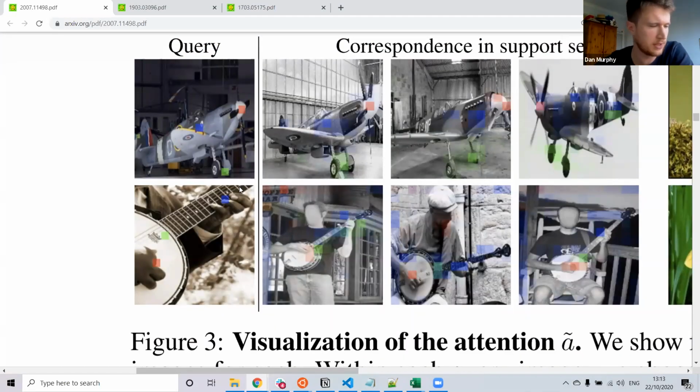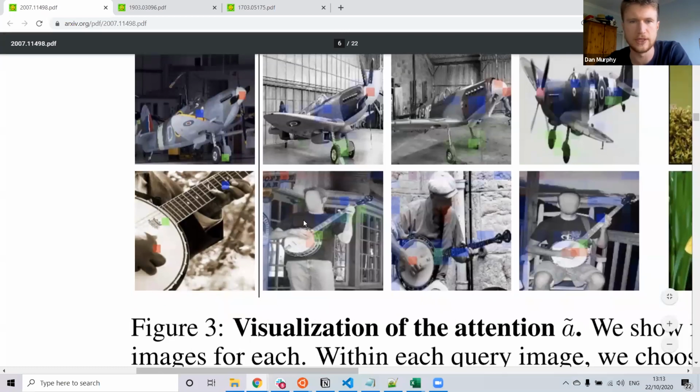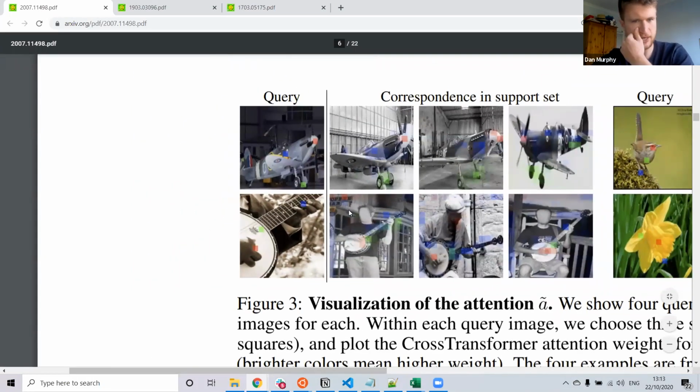I'm not quite sure how they managed to, but I suppose it's possible to go back through the ResNet convolutions, and so you can see where in the support set the attention for these areas has sort of spread out to. So yeah, you can see that they do correspond to relevant sections of these images, right? Like the sort of hand finger area of these banjo players is the same.